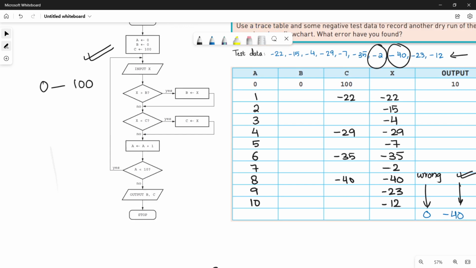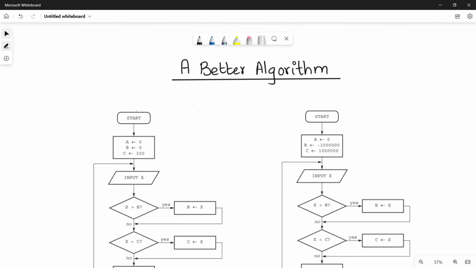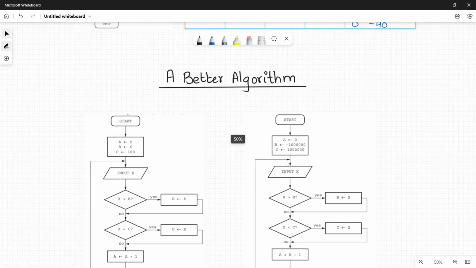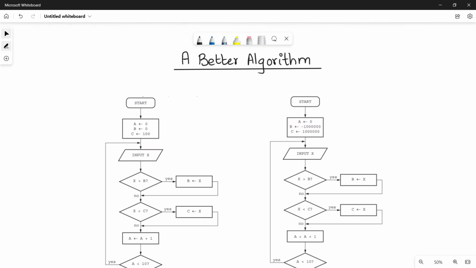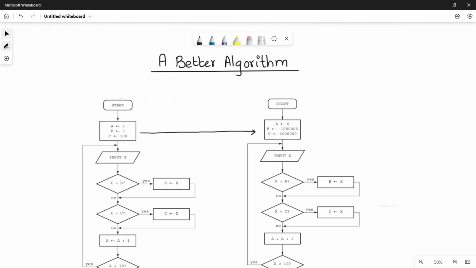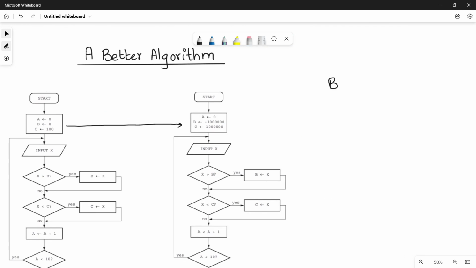So, keeping this in mind, we came up with a better algorithm. The only thing we have changed here is that range. Now, variable b was initialized to 0 before.